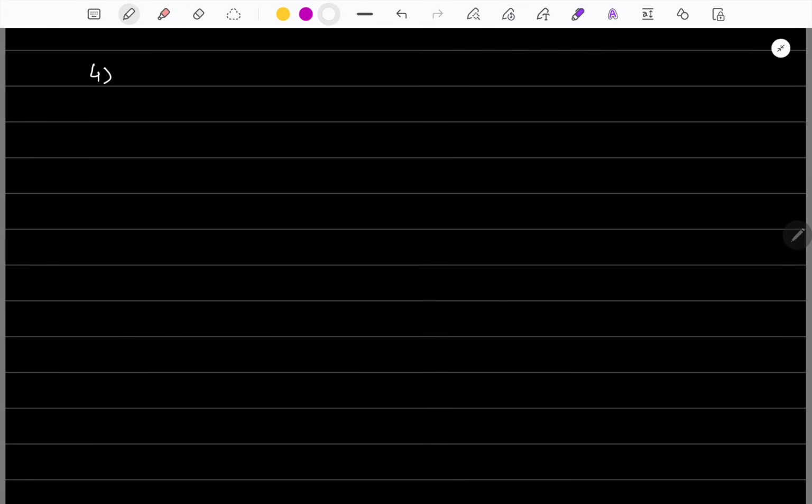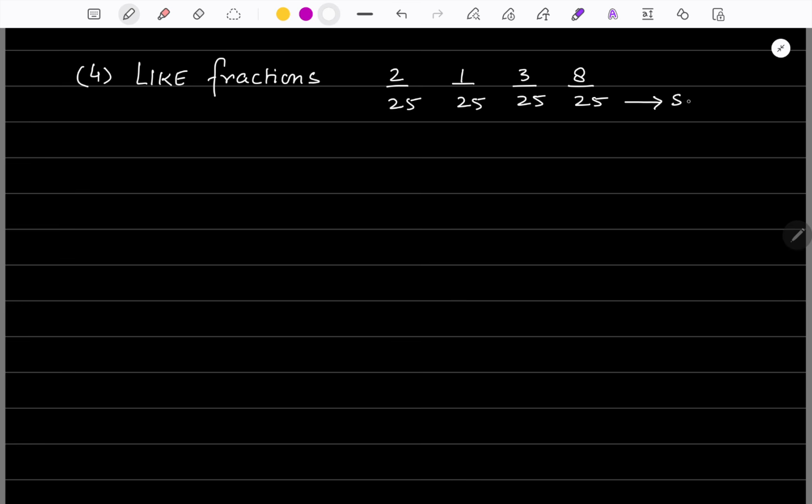So the fourth one in this series will be like fractions. Like fractions are the fractions that have the same denominator. Examples: 2 by 25, 1 by 25, 3 by 25, 8 by 25. So all these fractions have the same denominator. So these are called like fractions.